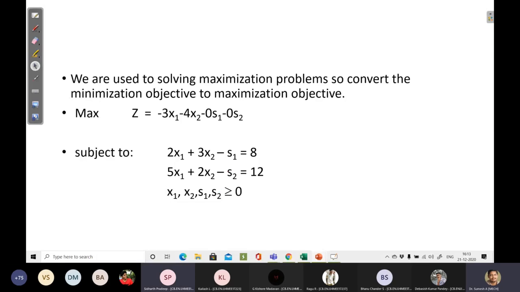You can't put it like that. You are writing x1, x2, s1, s2 greater than or equal to 0, but your s1, s2 have a negative coefficient. So what will you do, or how to tackle it?